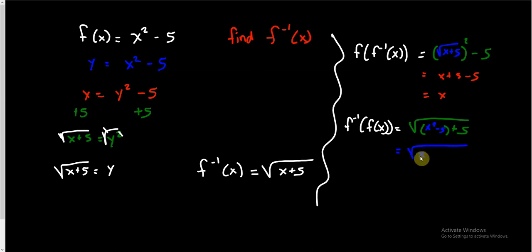And so I have x squared minus 5 plus 5. Oh, okay, we see that the 5s are going to undo each other. So all I have is the square root of x squared. Now this doesn't work when there are plus and minus signs, but since I have no plus or minus signs there, the square root of a square can undo each other, and I'm just left with x. Okay, so yeah, this is in fact the inverse, so I feel good about that.